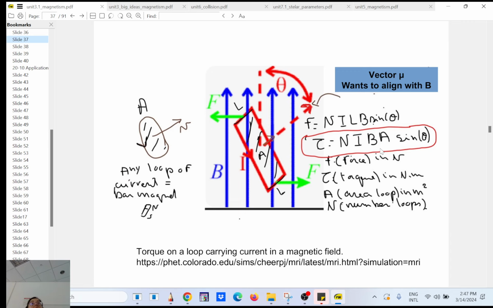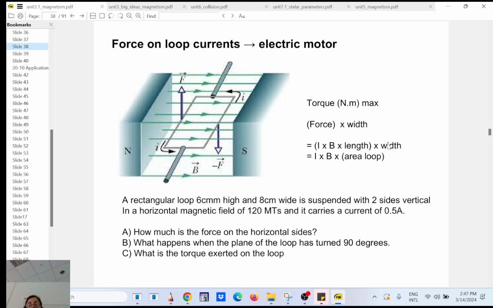So it can be a square, it doesn't have to be a loop, times the sine. The sine will be the angle between the perpendicular to the area and the magnetic field. You don't have to worry about the sine. We'll see. Okay, let's take an example here.